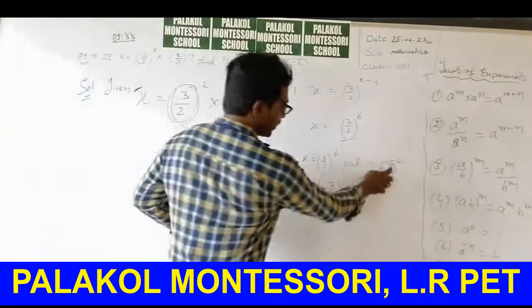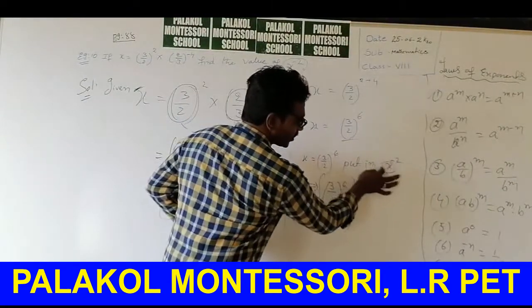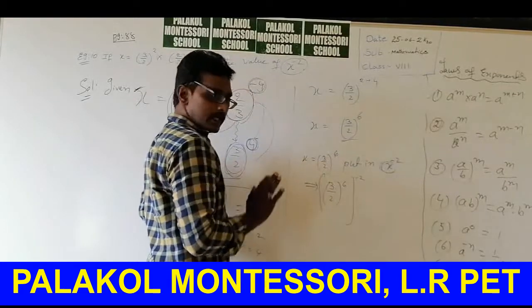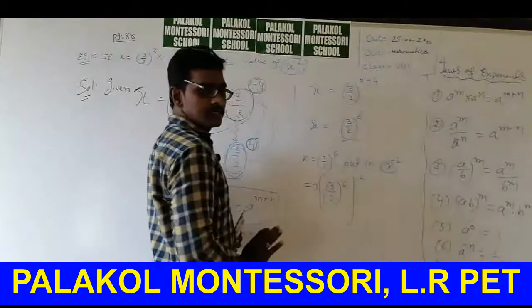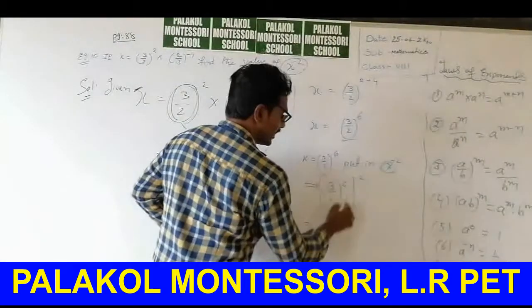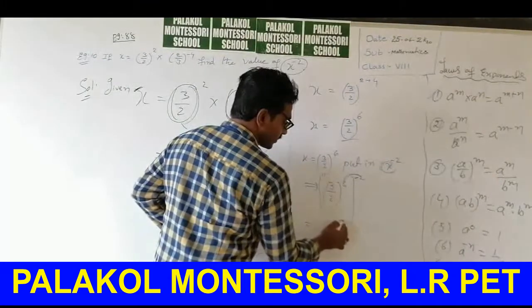The x value here is (3 by 2) whole power of 6. Don't change the power; bring the power down as it is. Now it implies (3 by 2) whole power of 6 into 2, 12. What is the sign here? Minus.